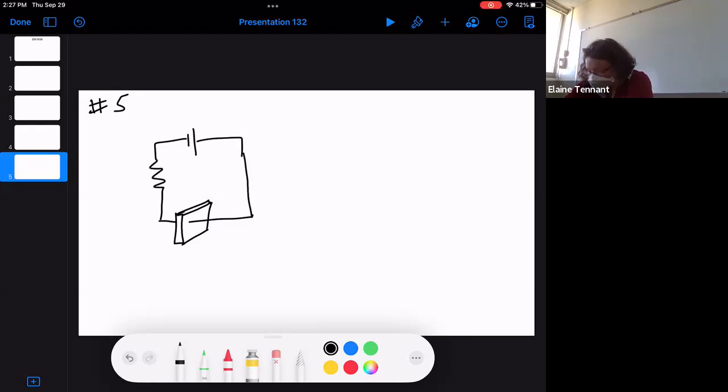It can be hooked up like this, where the width is A, the length is C, and the height is B.